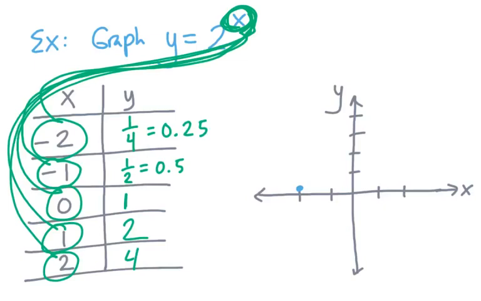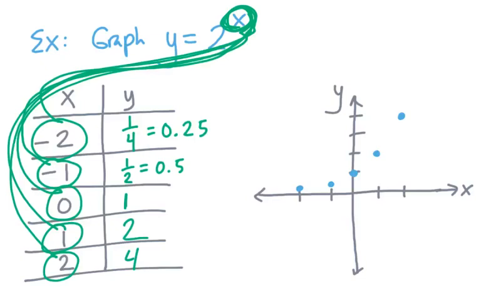When x is negative 1, I go just a tad bit higher to 1/2. When x is 0, I'm at the y value of 1, so I'm at an actual tick mark there on my scale. When x is 1, we'll keep increasing to a y value of 2. And when x is 2, our y value is up to 4.